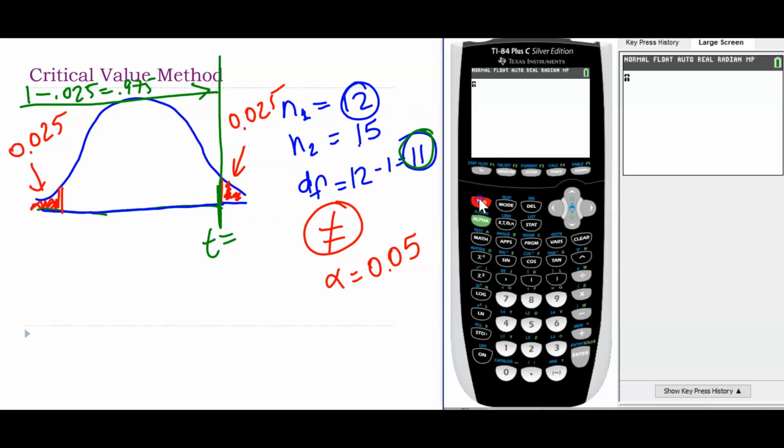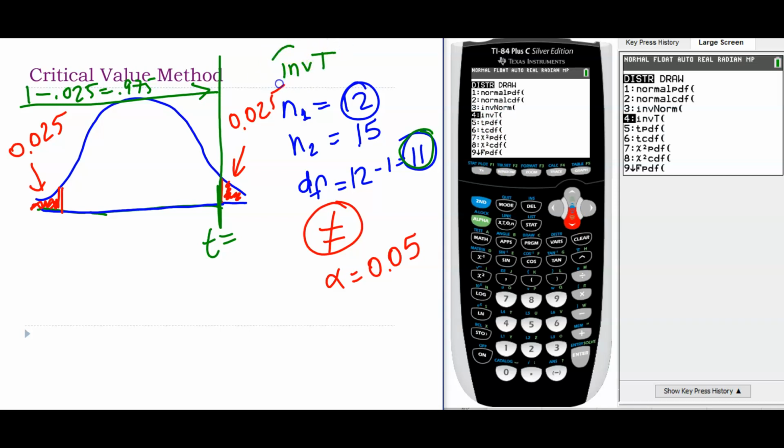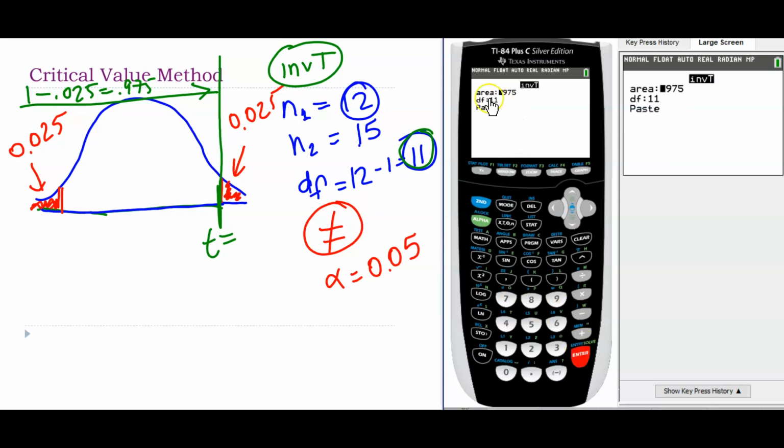So on your calculator, you go to second vars, invT, click enter, and you enter the area to the left of your critical value, 0.975, degrees of freedom 11, click enter again.